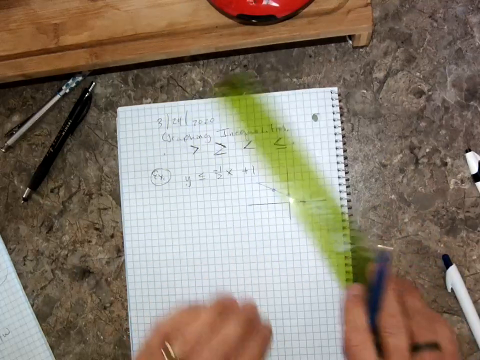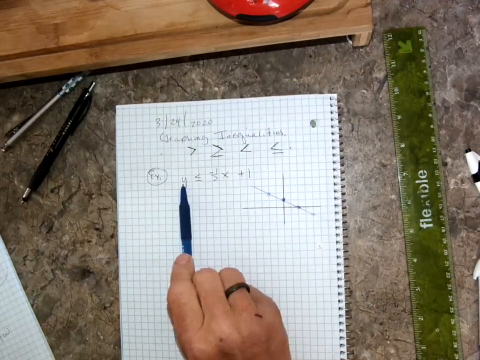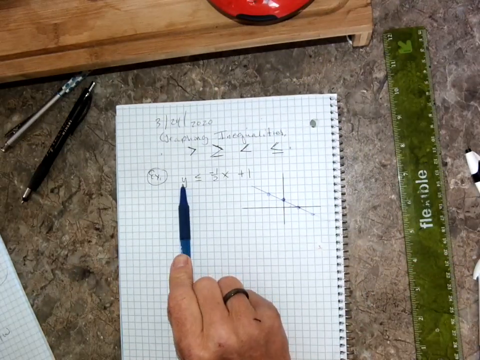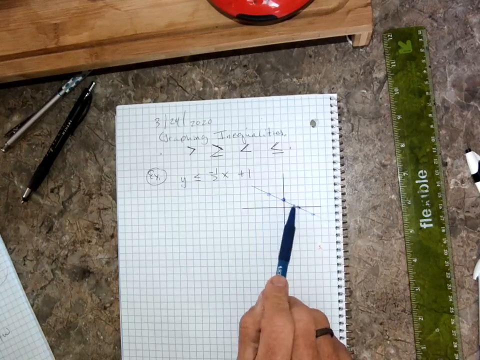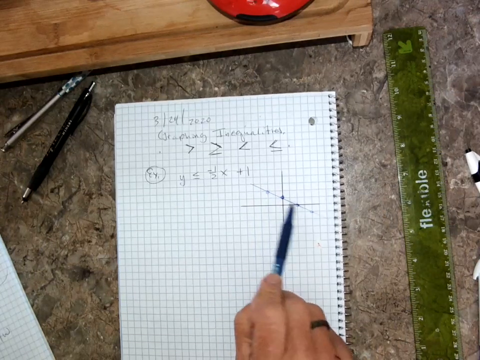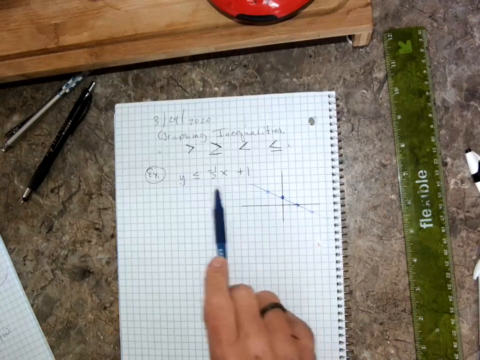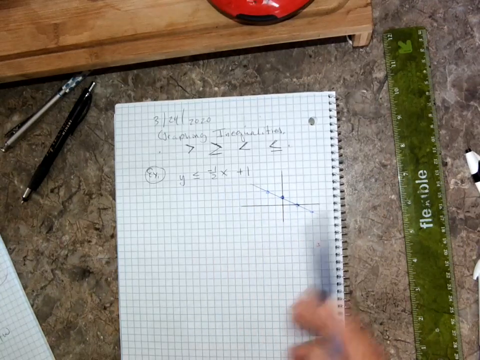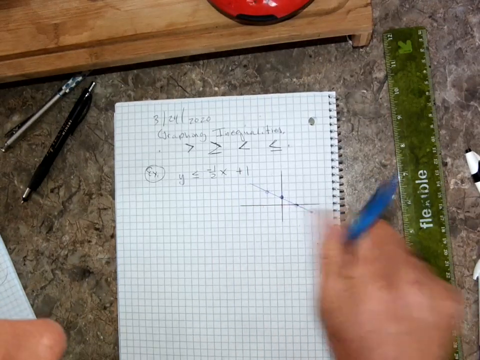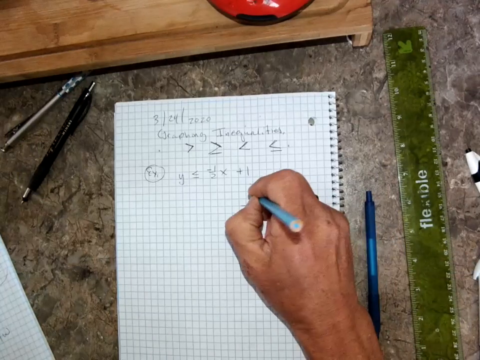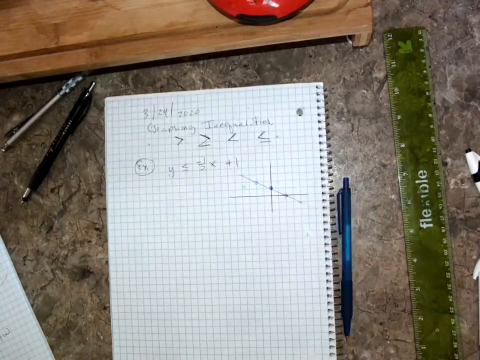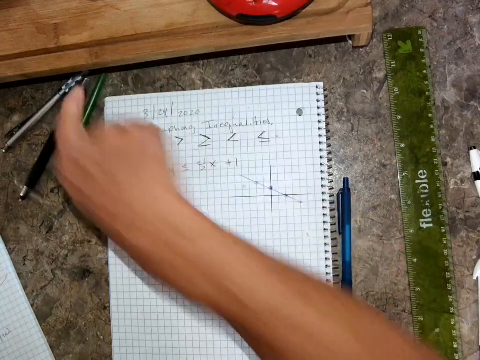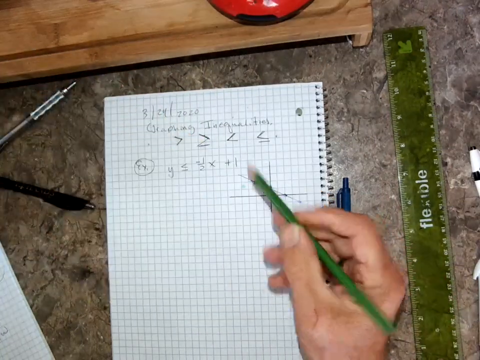Now, this one's different. I'm saying y is less than. What I'm looking for is all the points that are less than this line and equal to. Think about that. This point right here is less than. This point here is below the line.